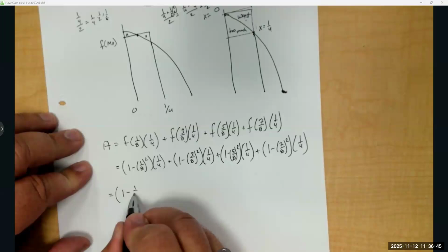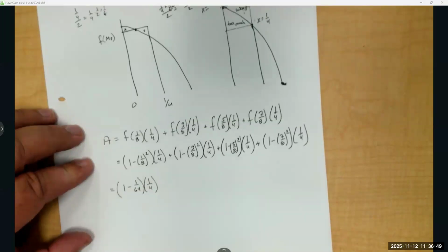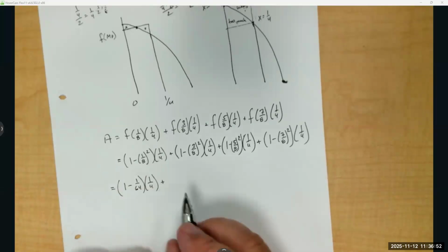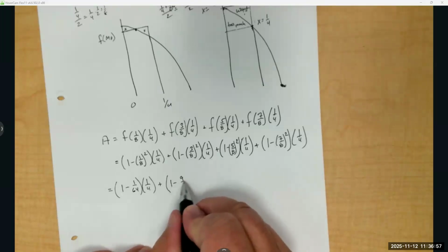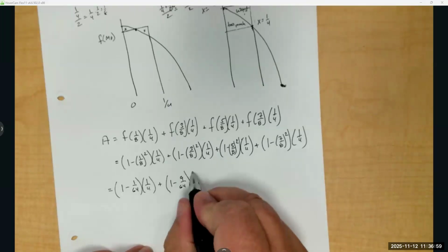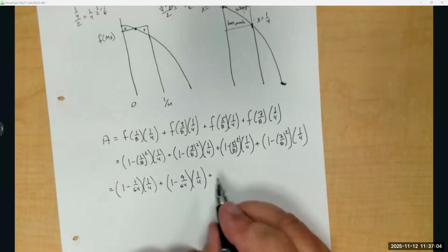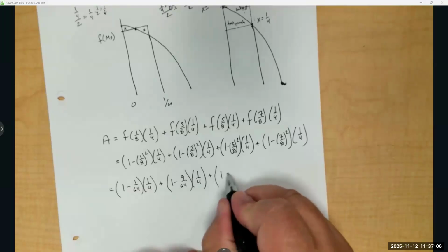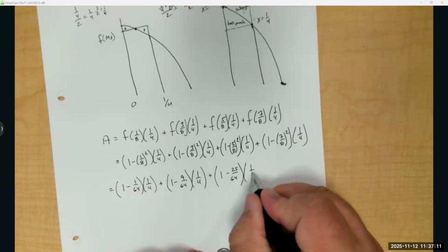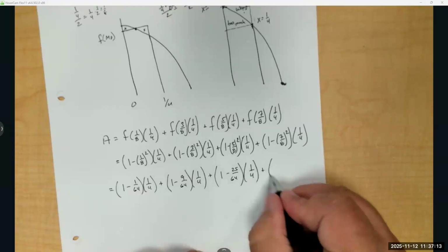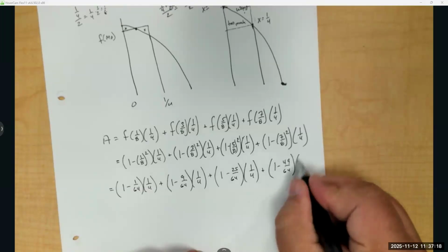1/8 squared is 1/64 times 1/4. 1 minus 9/64 times 1/4. 1 minus 25 over 64 plus 1 minus 49 over 64.